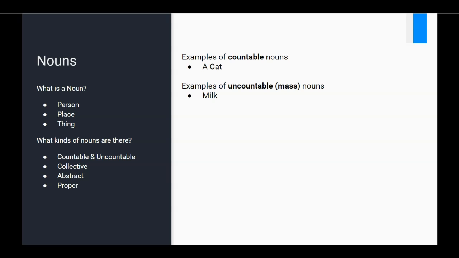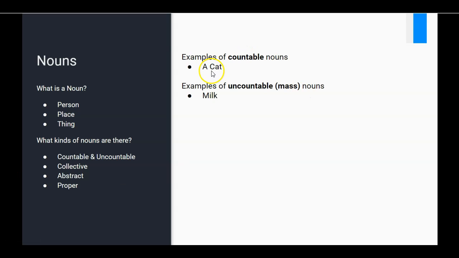So countable nouns, sometimes referred to as just count nouns. These are common nouns that can take a plural. You can combine them with numbers or counting quantifiers, for example, 1, 2, several, every, most.